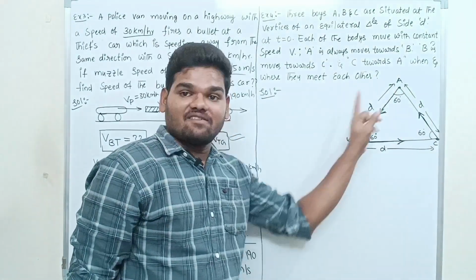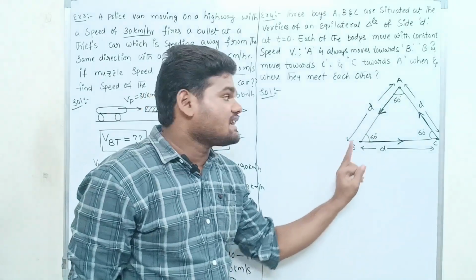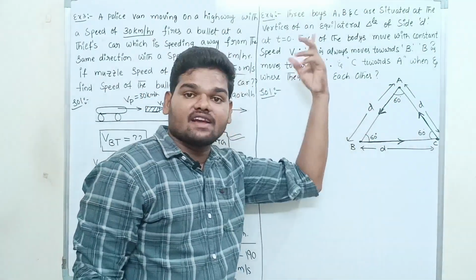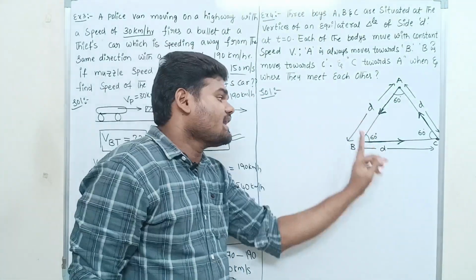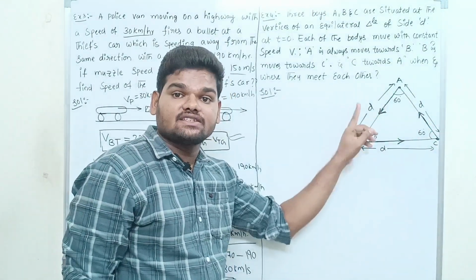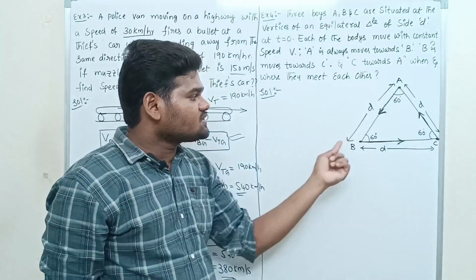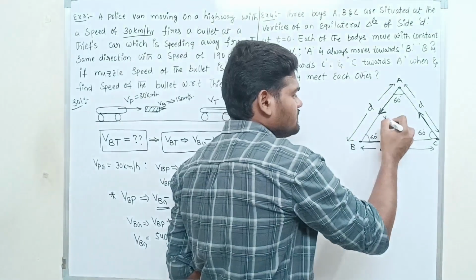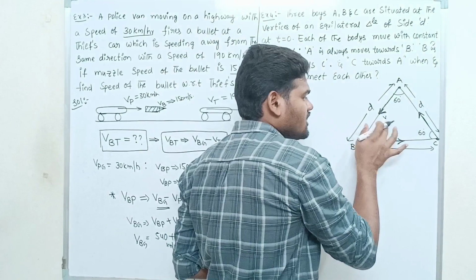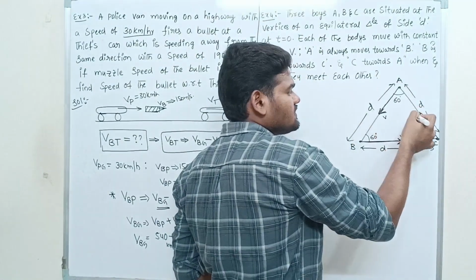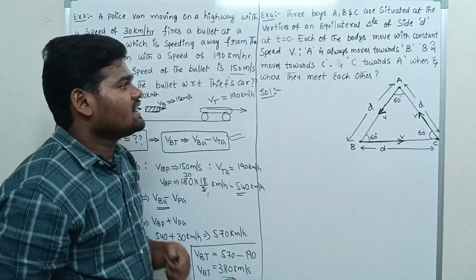So they have taken one equilateral triangle. At the vertices there are boy A, boy B, boy C at time t equals 0. The sides of the equilateral triangle are D, D, D. After some time, boy A moves towards boy B with speed v, boy B moves towards boy C with v, and C moves towards A with speed v. What are they asking?